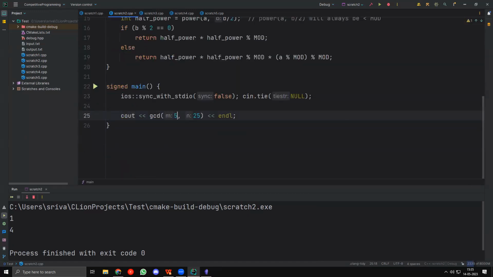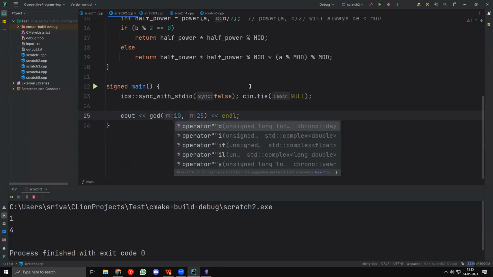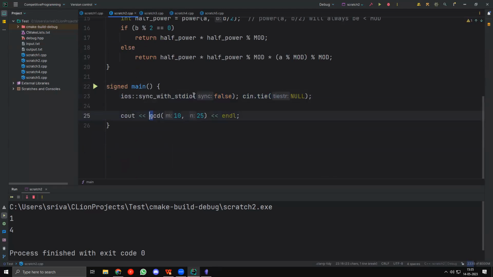You don't have to define the GCD yourself. But if you are using earlier versions, you can use underscore underscore GCD. This will also work. If you can use normal GCD, you can do that too. It's completely up to you. Both of them use the same, very fast method, so you don't have to worry about that. So unlike power, GCD is very fast.